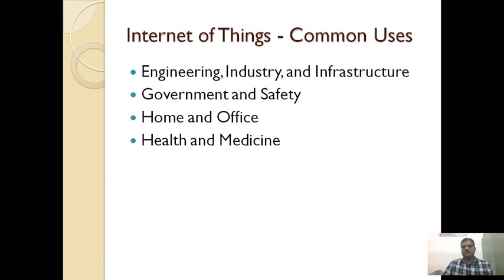Okay. Now next one is Internet of Things common uses. IoT has applications across all industries and markets. It spans user groups from those who want to reduce energy use in their home to large organizations who want to streamline their operations.